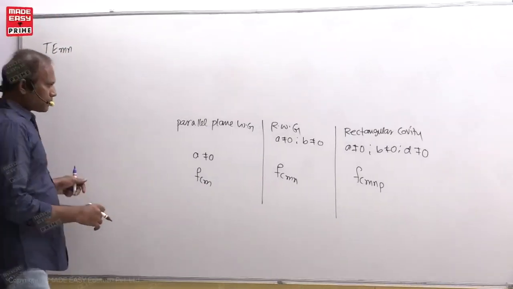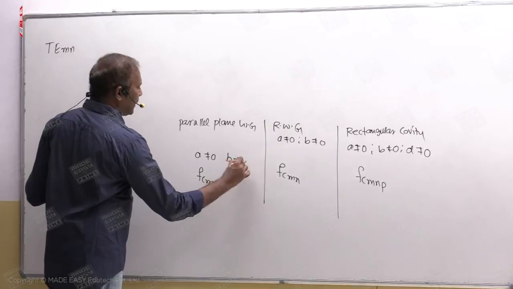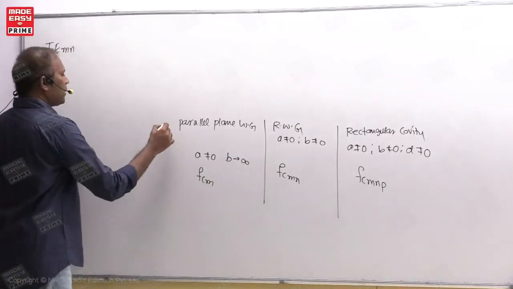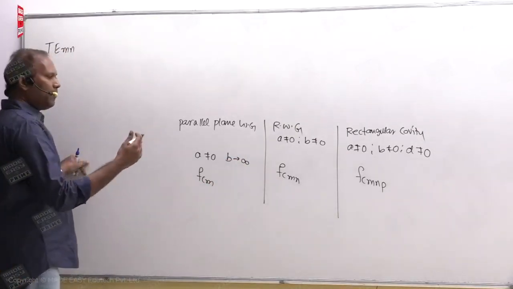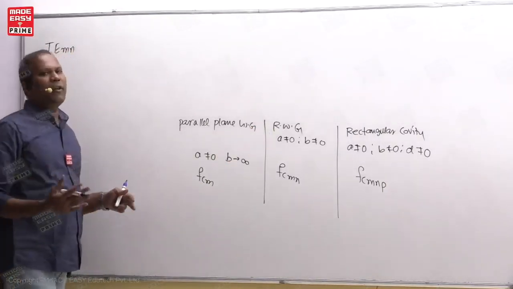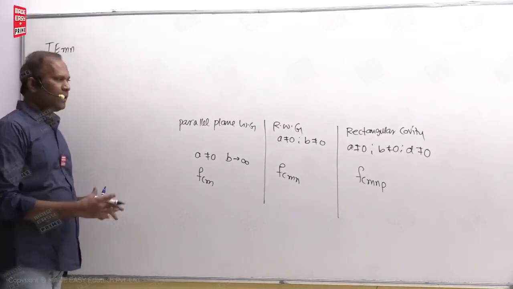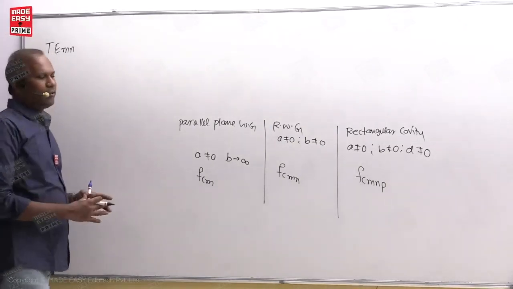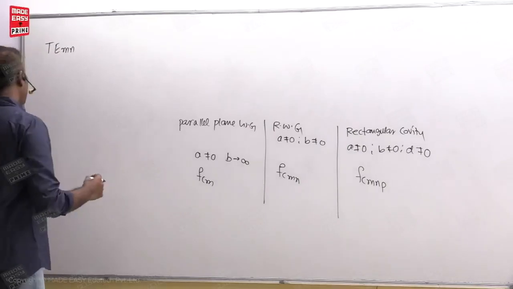Then here actually B is infinity. So if you substitute in rectangular waveguide A infinity, B infinity, of course D infinity, then that becomes a uniform plane wave. They are all interlinked actually. Anyway, let us not go into the details.